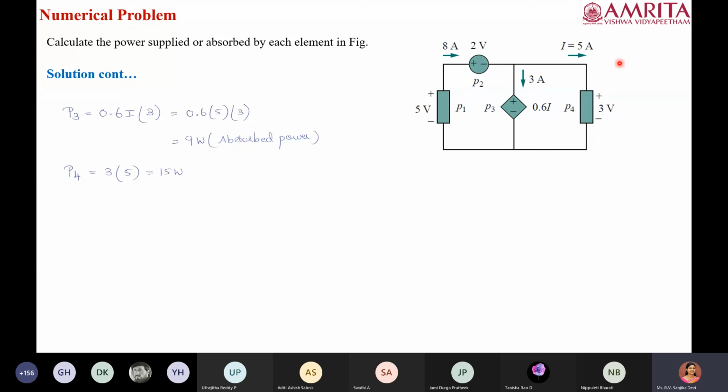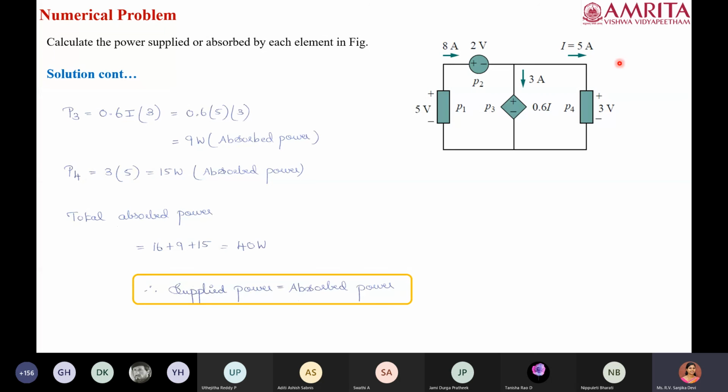So what is the total absorbed power? It is 40 watt. We can tell that the total supplied power is equal to the absorbed power.